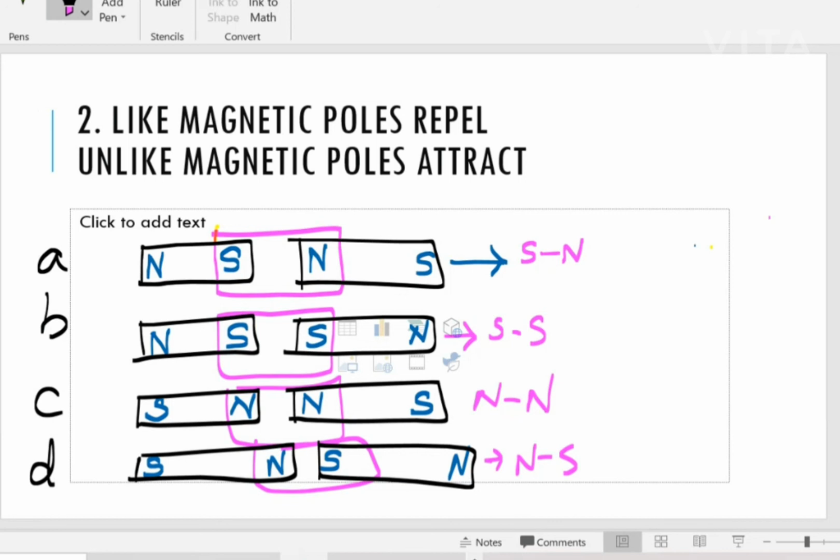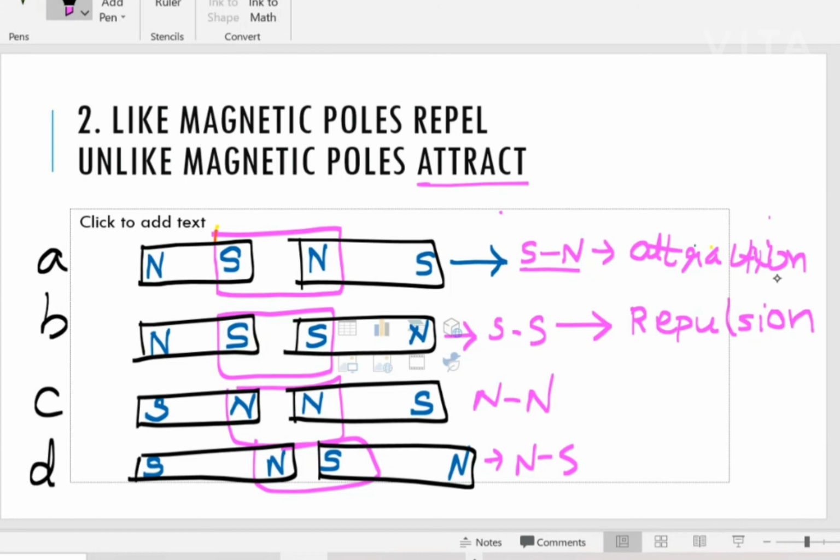Now checking for whether it is like or unlike. SN means unlike. So for unlike poles, what is written here? Attract. So there is attraction between these magnets. Here what happens for this? SS, like poles. So here it is repulsion.